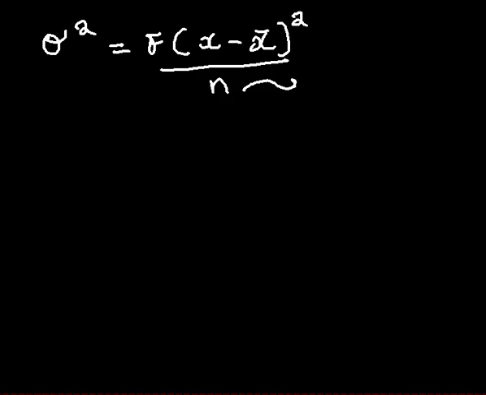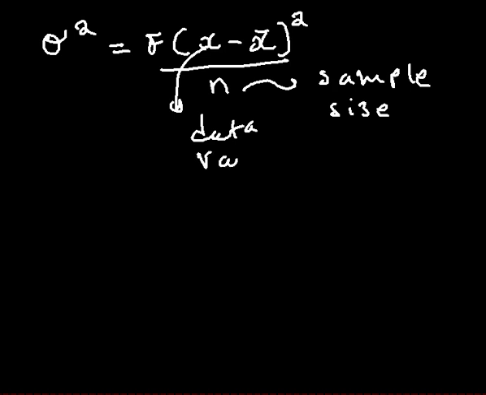The formula used for the variance is sigma squared equals the summation of the frequency times (x minus x bar) to the power 2, divided by n, where n is the sample size, x is the data value, x bar is the mean of the data, and f is the frequency. So keep that in mind.